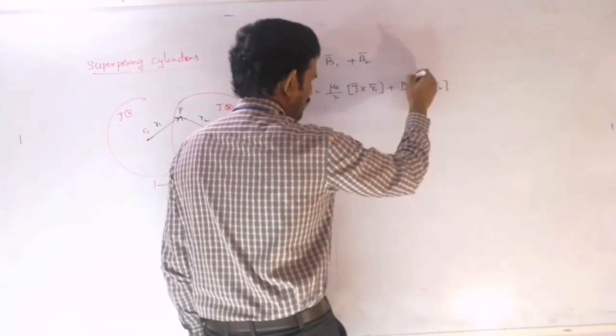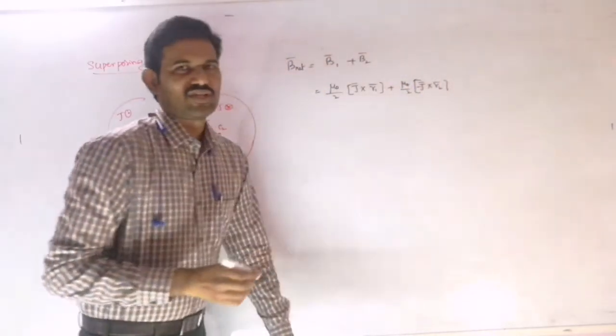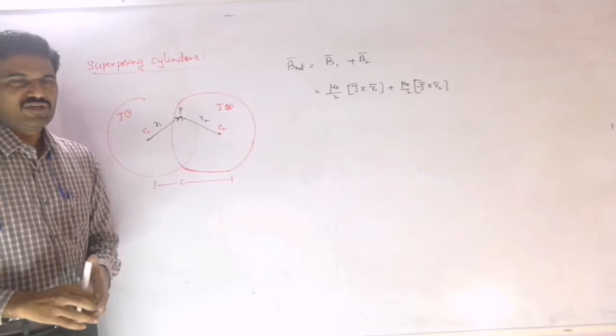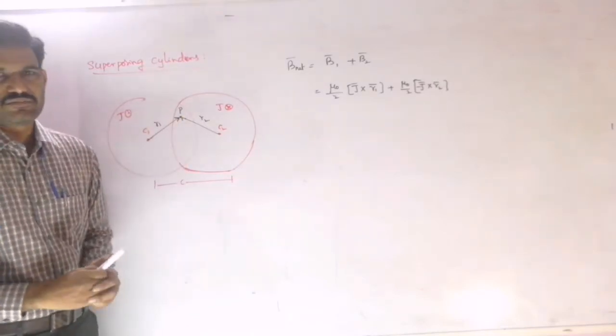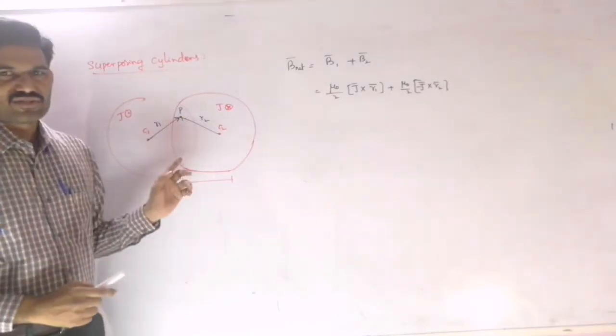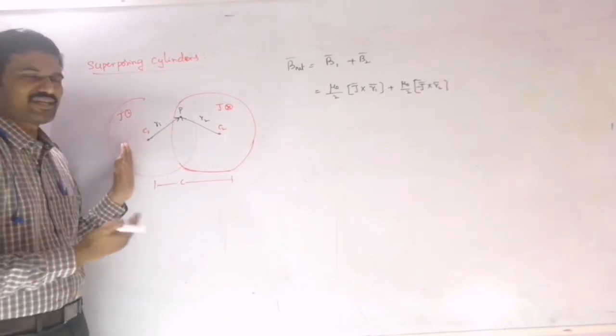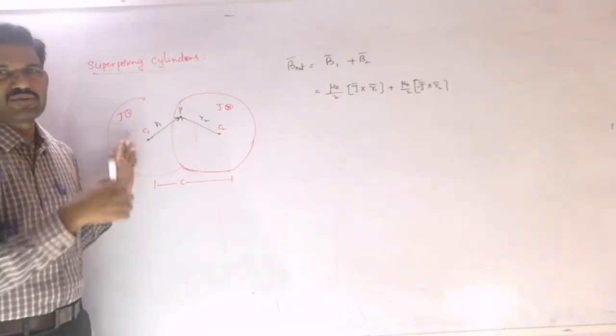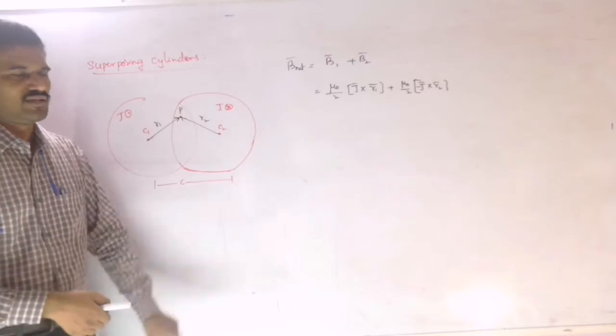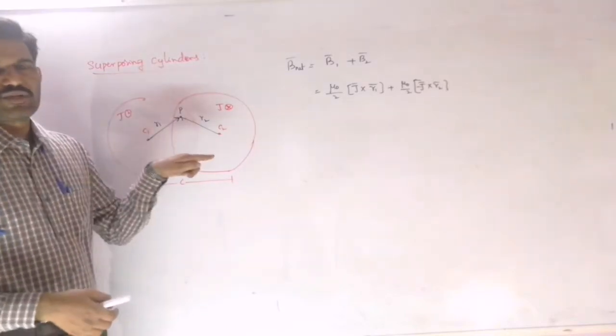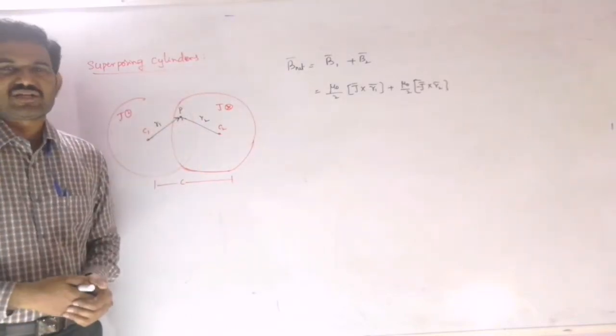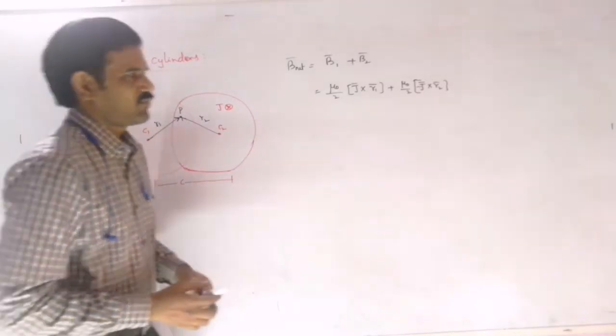This is important: why do we take a negative sign for the second term? Because the current densities are opposite. In the first term we take J bar, out of the plane, as positive. In the second, the current flows into the plane, so that current density is taken as negative. That is important.